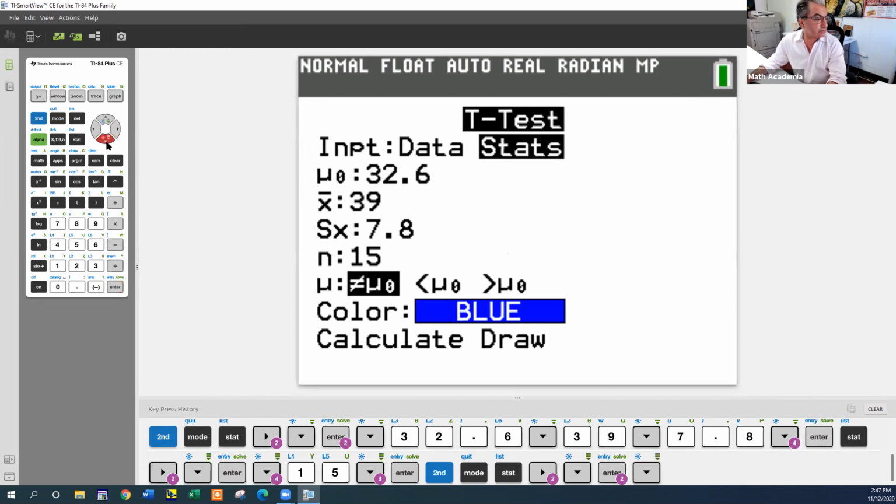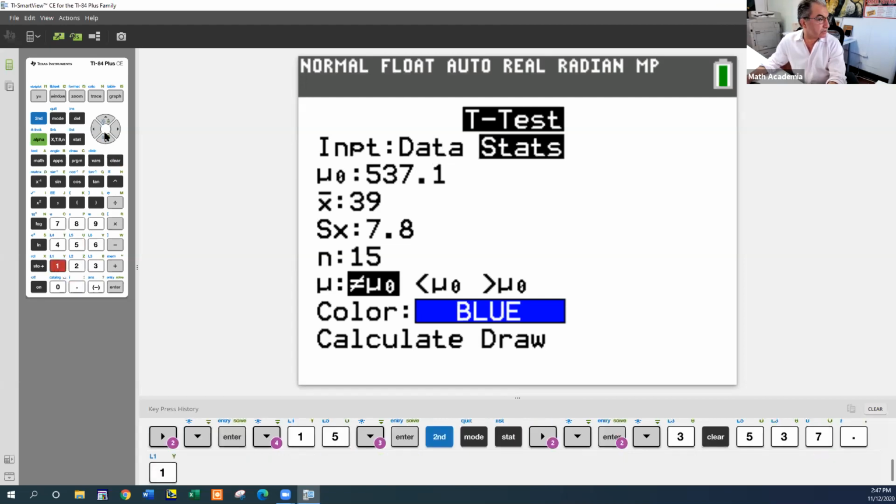So, x bar is 537.1, and you go down. Oh, that's in the claim. No, the top one is in the claim. In the claim was 520.